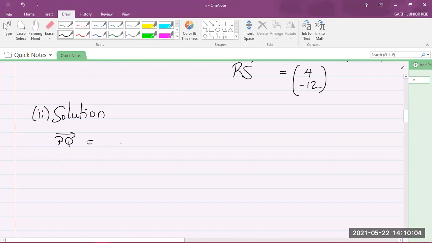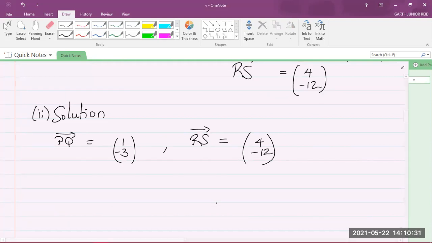The vector PQ we know is 1, negative 3, which I had calculated previously. And we know that the vector RS, which I just calculated, is 4, negative 12. Now what is the relationship between these 2 vectors?